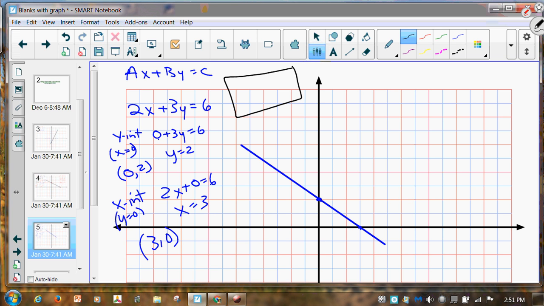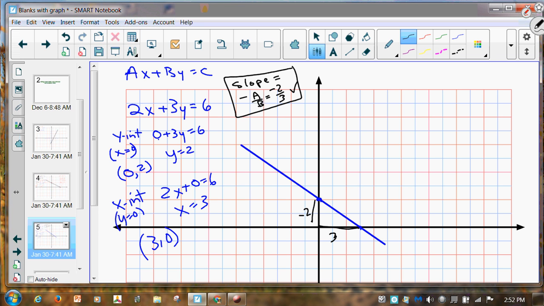So like I said, for a standard form equation, slope equals minus a over b, which in this case is minus 2 over 3, and that's what the slope is. If we look at our slope here, we're going to go down 2, minus 2, and over 3. 1, 2, 3 over here is the run. Rise over run, negative 2 over 3. And so we calculate our slope.